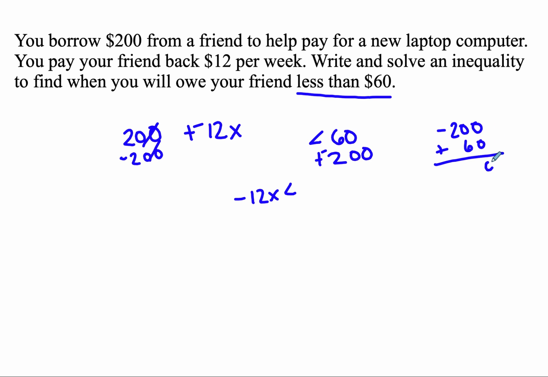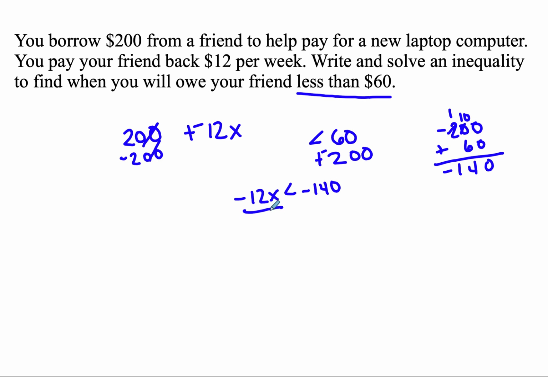All right, 0 minus 0 is 0. 0 minus 6 takes me into the negative, so I'm going to borrow from the 2, make that a 1, make this a 10. 10 minus 6 is 4, and I bring down my 1, 140. More negatives, the answer is negative, so I have negative 12x is less than negative 140.